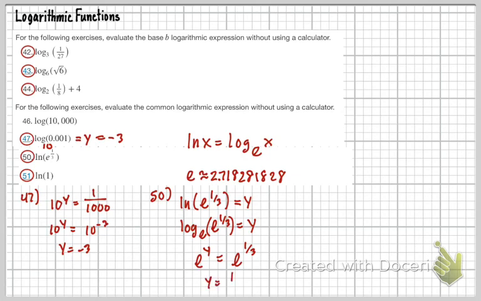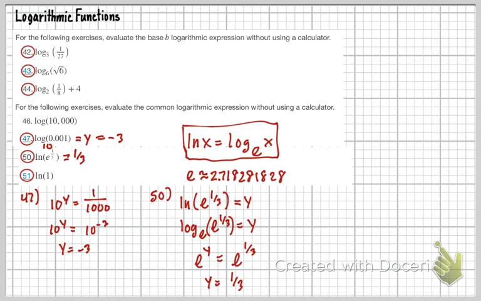So that means y equals 1/3. And we're going to talk about this idea a little more later too. So the answer for number 50 is 1/3. But again, I had to understand that the ln of x is equal to the log base e of x. So put this fact right here in your notebook, because you're going to see it a ton. So something to think about.